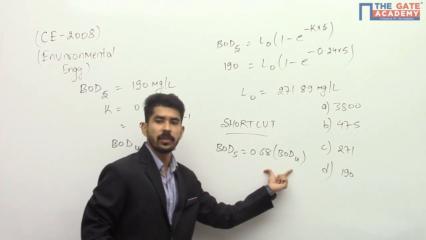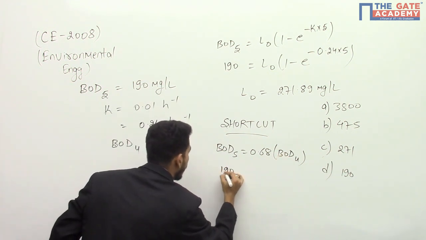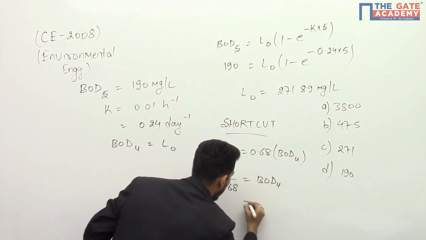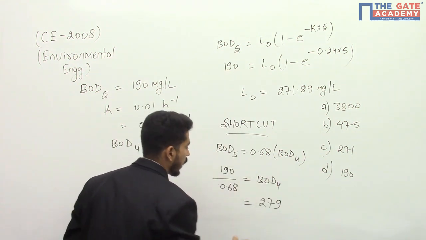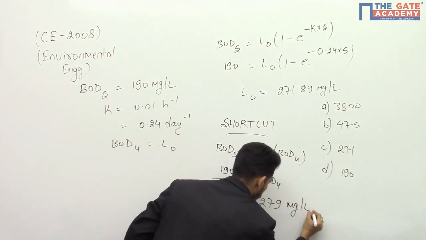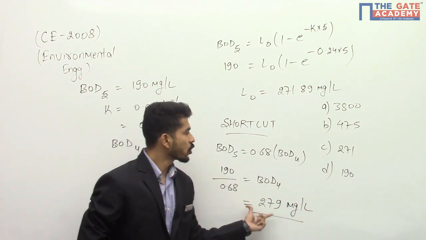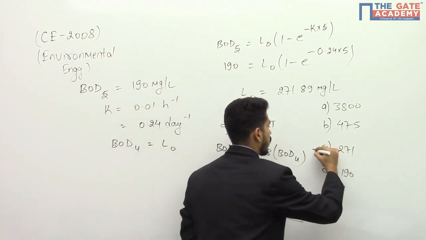So directly from this relation we can calculate the ultimate BOD. It is 190 divided by 0.68, which is equal to the ultimate BOD. This comes out to be 279 milligrams per liter. So from here you will get a rough idea of which option your answer will be close to. Since it is 279, you can directly mark 271.